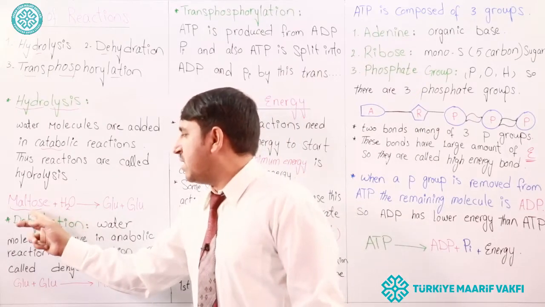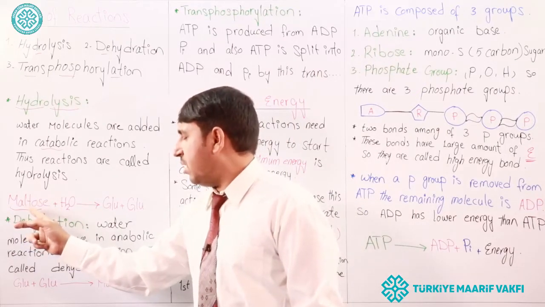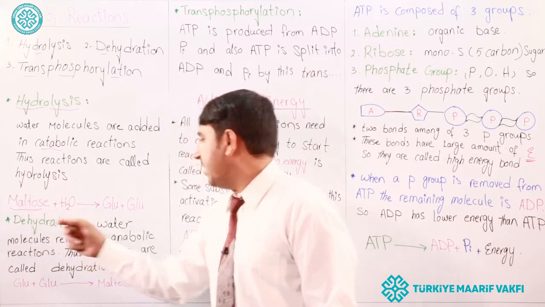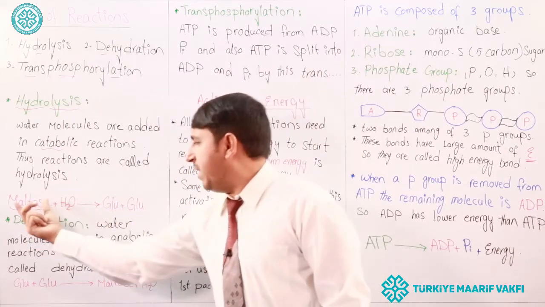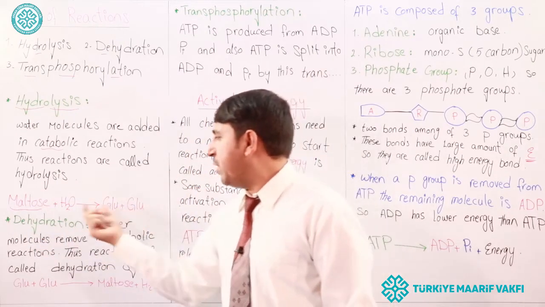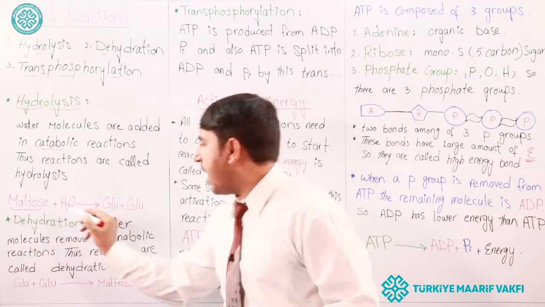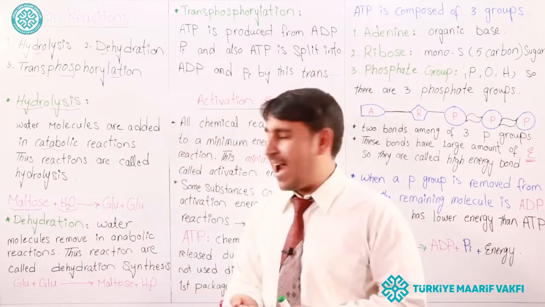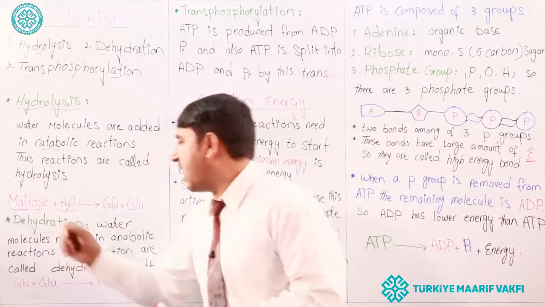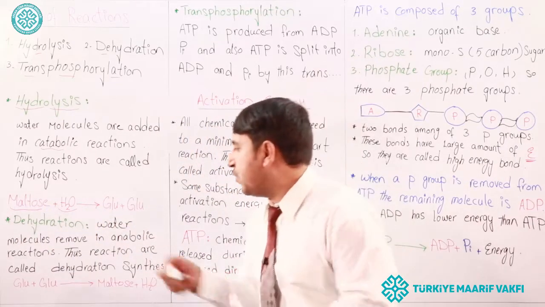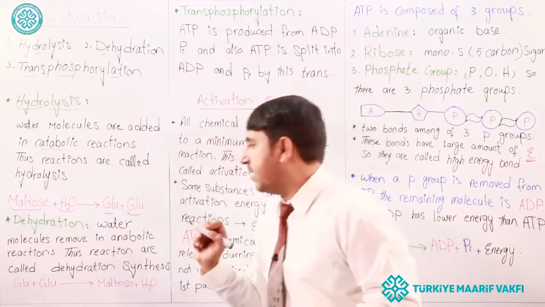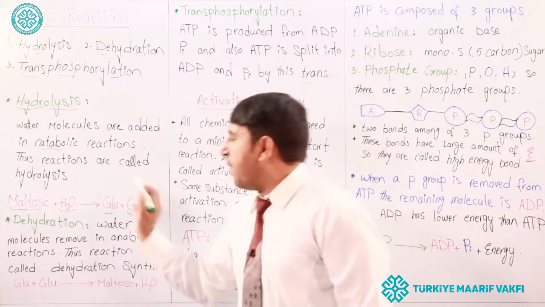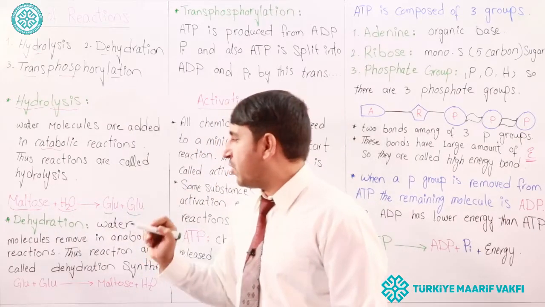Now we want to take the components from the maltose, so we have to add water. We are adding water to the maltose. After that we can get two glucose molecules. So this type of reaction is hydrolysis.